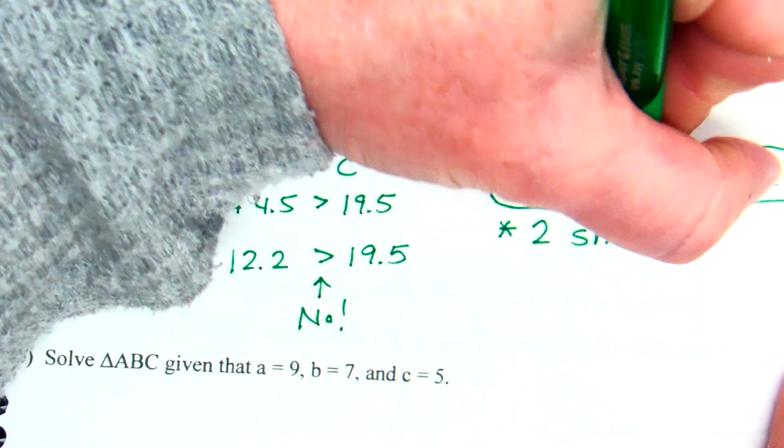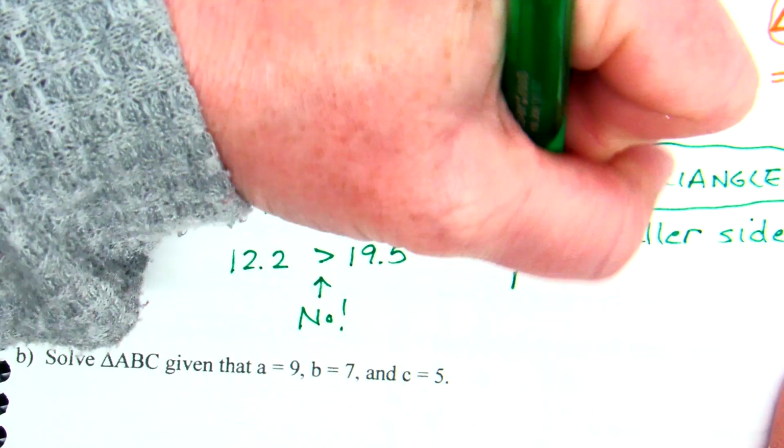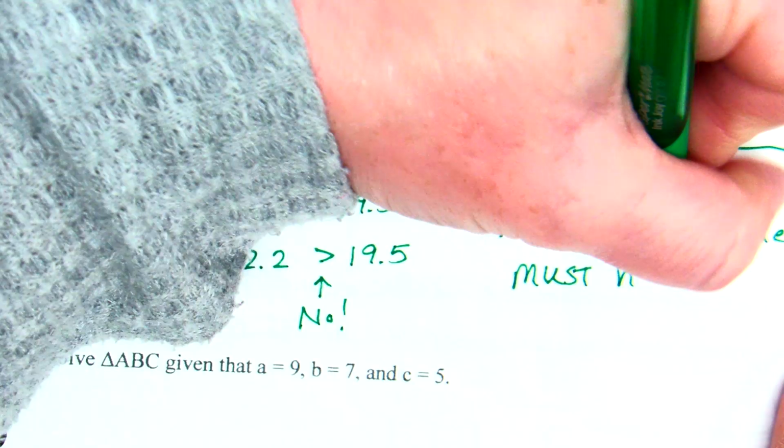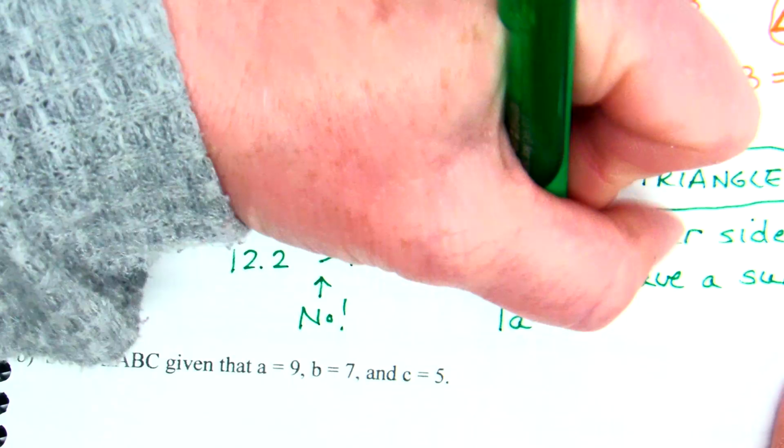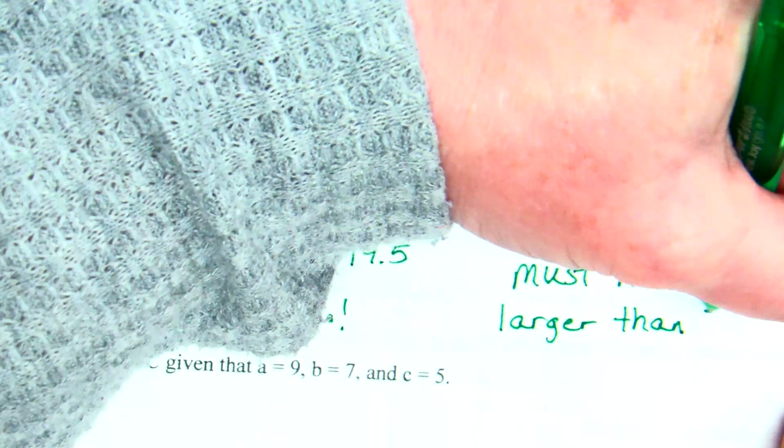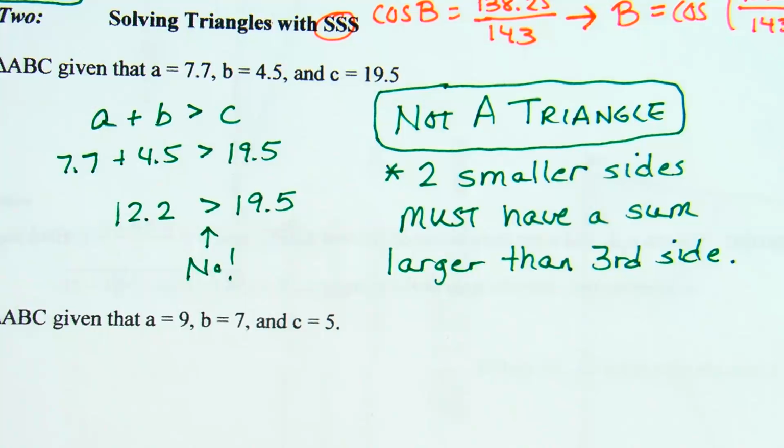Two smaller sides must have a sum larger than the third side, or however you want to write your explanation. So that when you look back at this later and you're thinking, why was this not a triangle? You know why it wasn't a triangle.